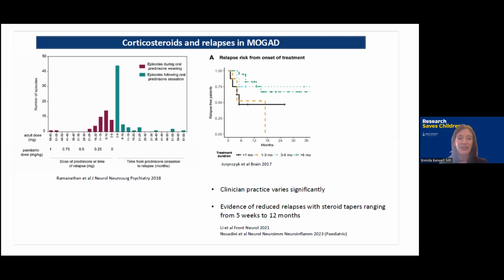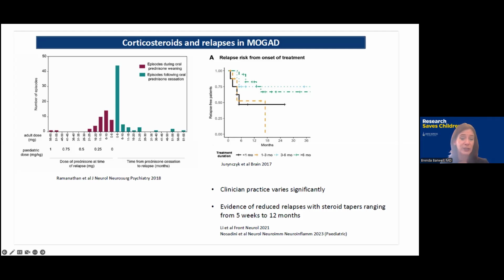This is an Australian group, and then another group from the UK looking at how long to use prednisone and what the impact that has on early relapses. And what these data effectively say is that you are less likely to have a second event in the first year after your presentation if you are maintained on prednisone for between 5 weeks and 12 months.